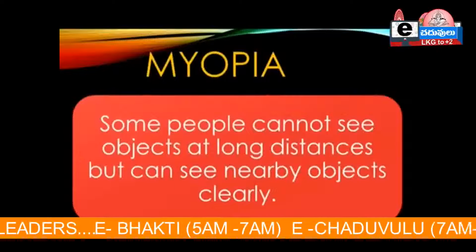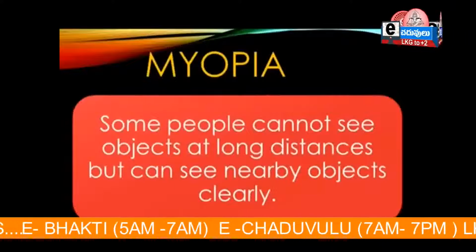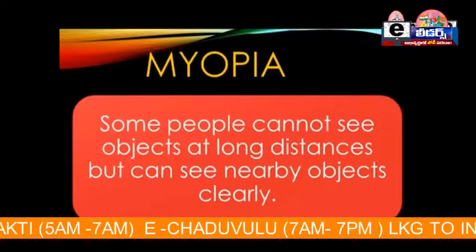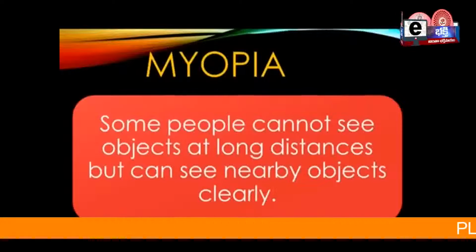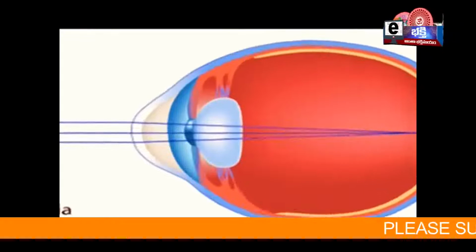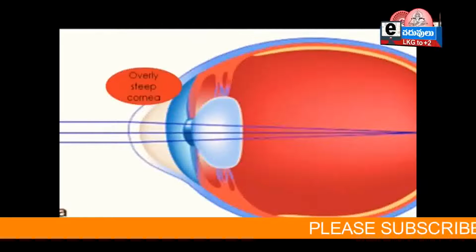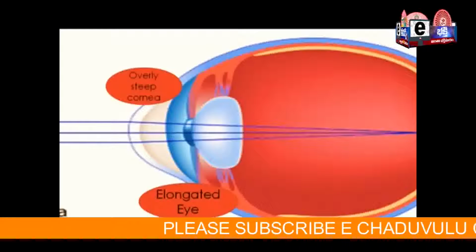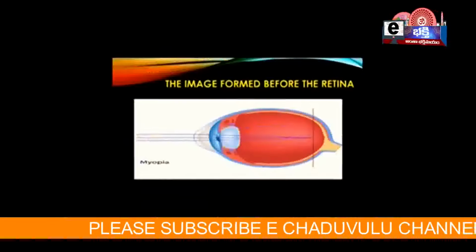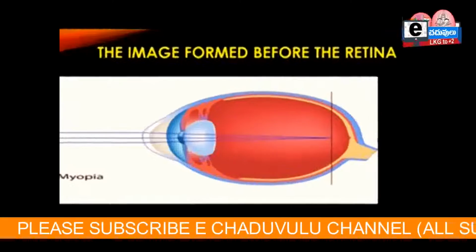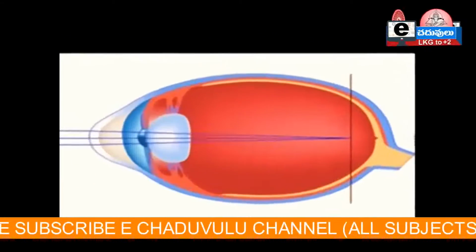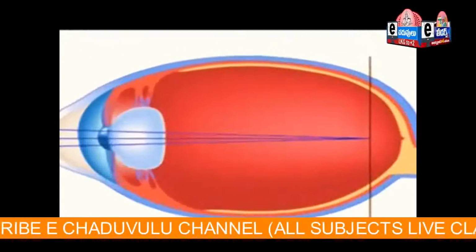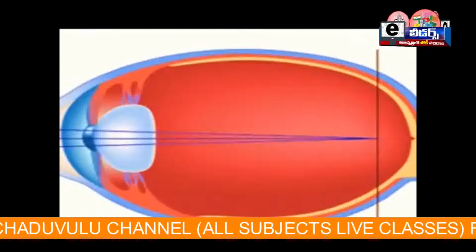Some people can't see distant objects, but they can see nearer objects only. An overly steepened cornea and an elongated eyeball are some reasons for this defect. The images of distant objects will be formed before the retina, so they can't see the image.